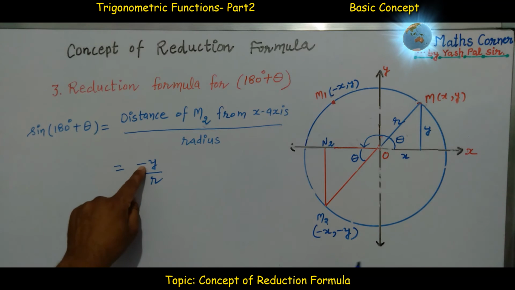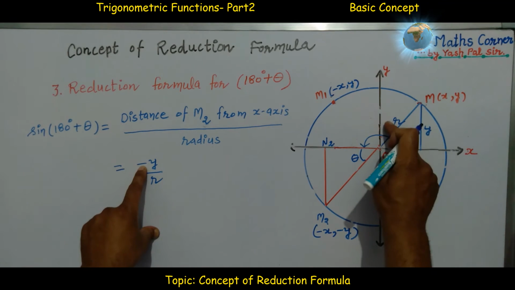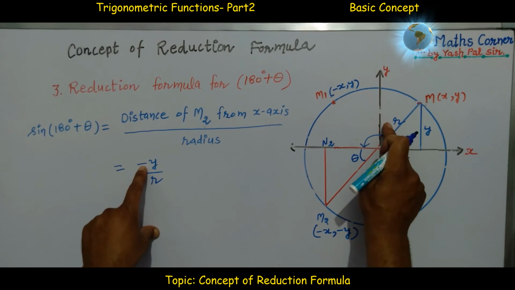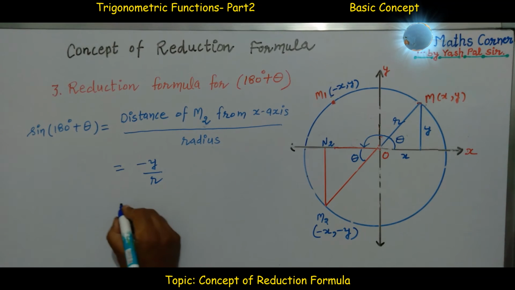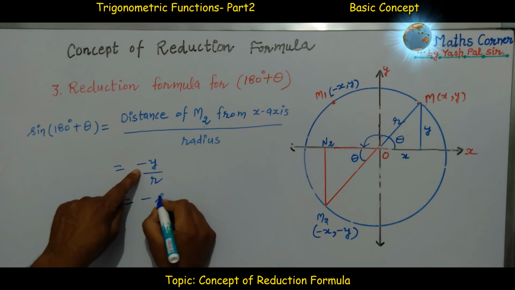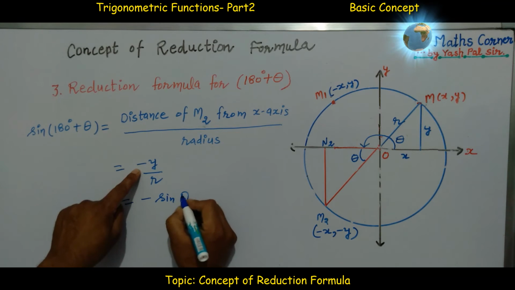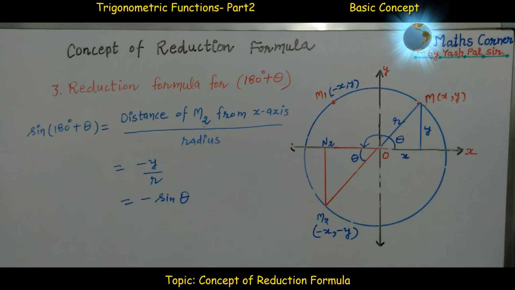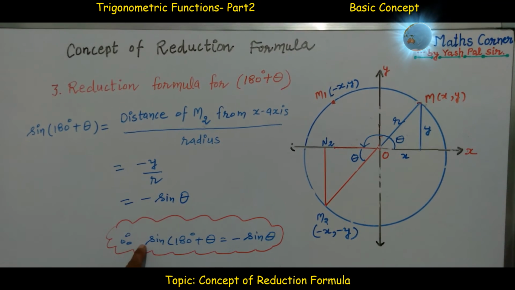Now what is y upon r? Y upon r, p upon h, is sine theta. This is minus, as it is, minus sine theta. So the conclusion is sine of 180 degree plus theta is equal to minus sine theta.